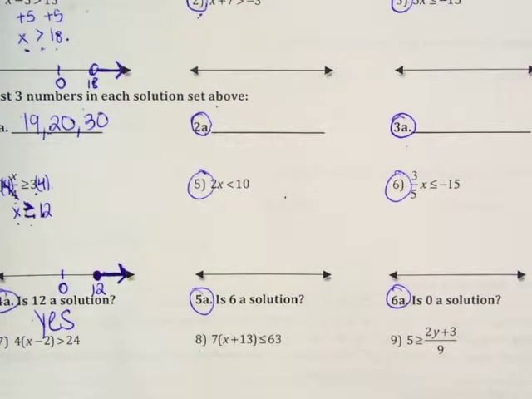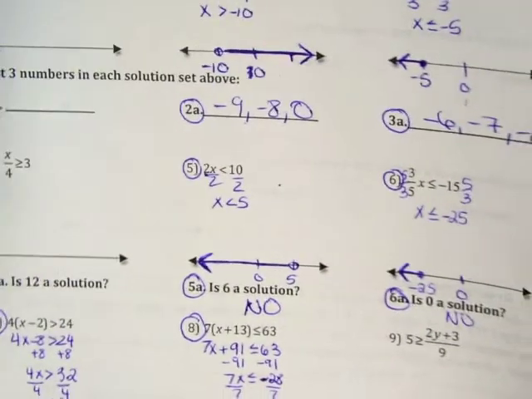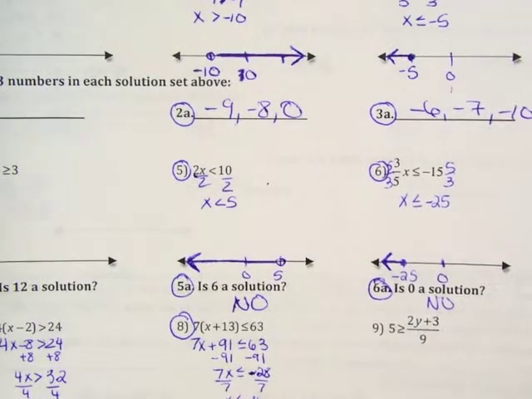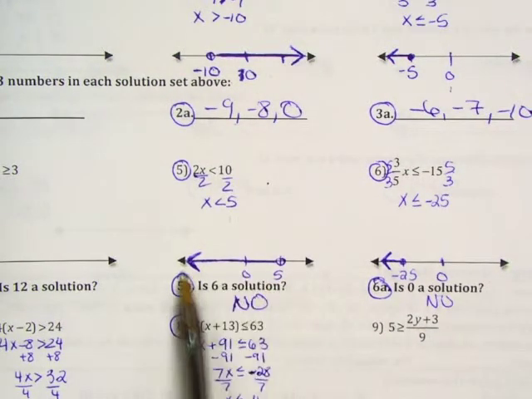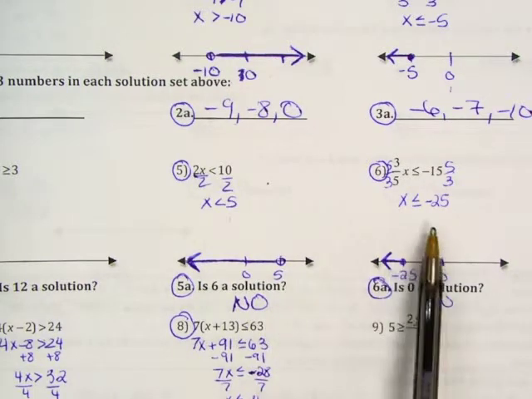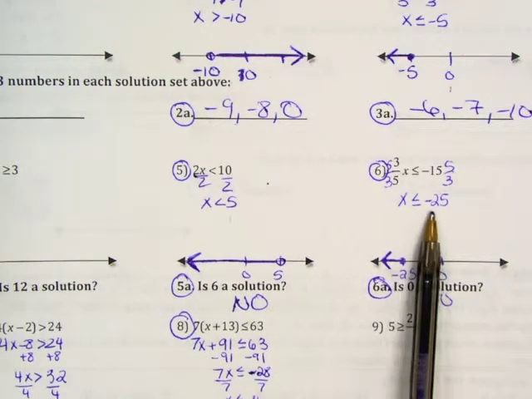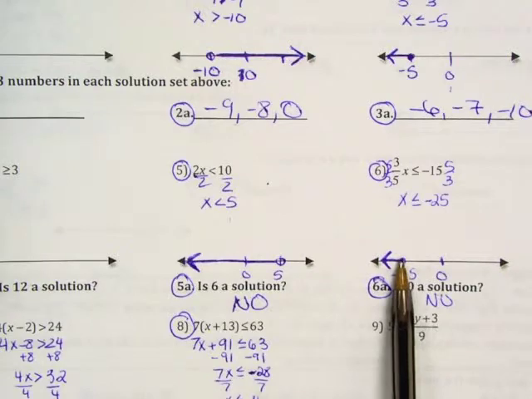Now, I assume you've done 5a and 6 and 6a on your own. So here are the solutions. X is less than 5, which I would graph going to the left with an open circle. X is less than or equal to negative 25, which I would do as a closed circle to the left.